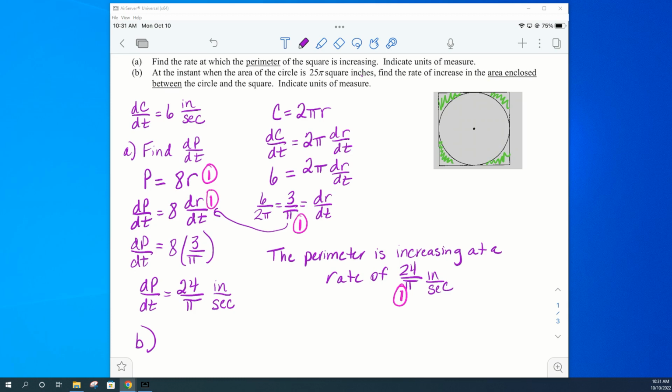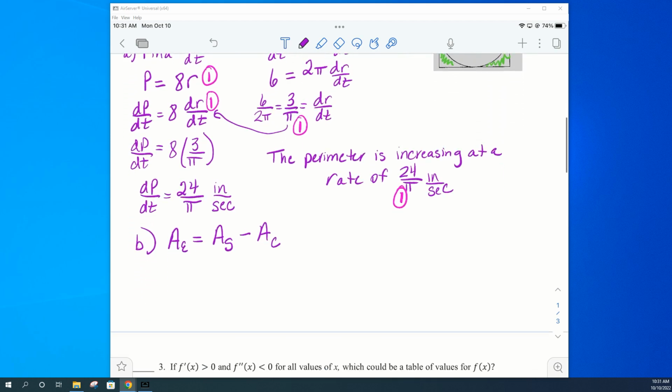So I'm like, okay, they want the area enclosed. I'm going to call that AE, the enclosed area. Again, your variables don't have to match mine, but the area enclosed would have to be the area of the square minus the area of the circle. Again, you could do 2 different things and subtract at the end. I'm going to do it in one fell swoop, but you can do lots of different things. I go, okay, well, what are those things?